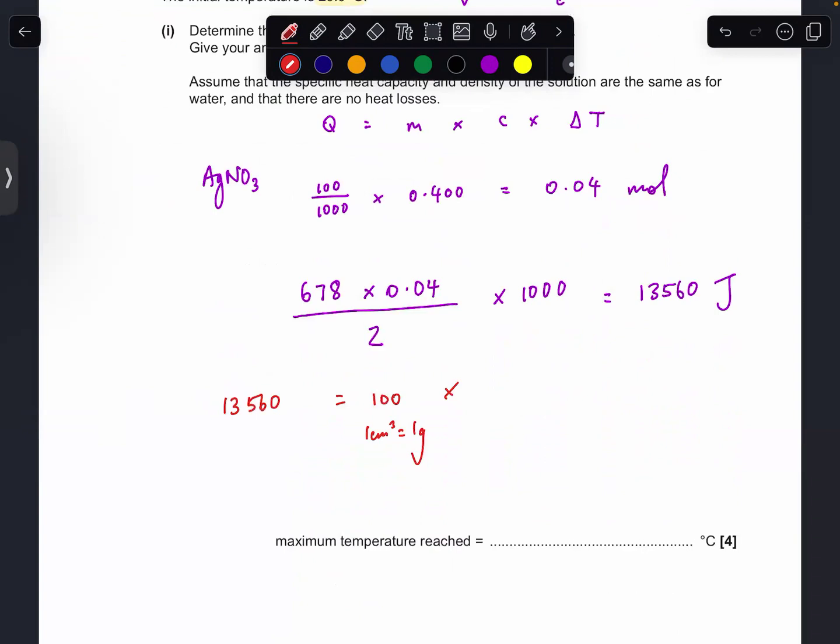Got the specific heat capacity of water, 4.18 joules of energy needed to heat 1 gram of water by 1 degree Celsius. And then you've got your delta T value. That's the difference in temperature. By rearranging, we can work out delta T. So 13560 divided by 100 divided by 4.18. That gives you 32.